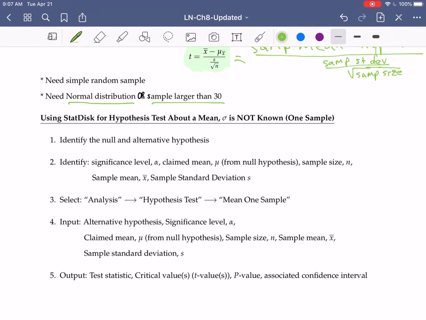If we want to use StatCrunch to test a hypothesis about a mean when sigma is not known, what we will do first is identify the null and alternative hypothesis. We do those in exactly the same way we've done before. We will want to identify the significance level. We'll need to identify that claimed mean, and that claimed mean is going to come from the null hypothesis.